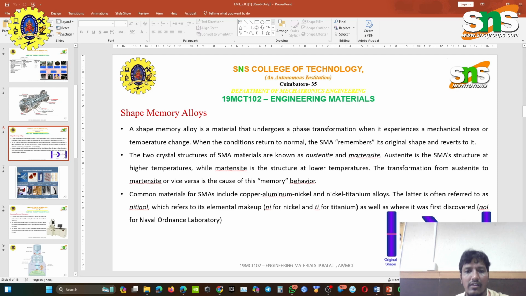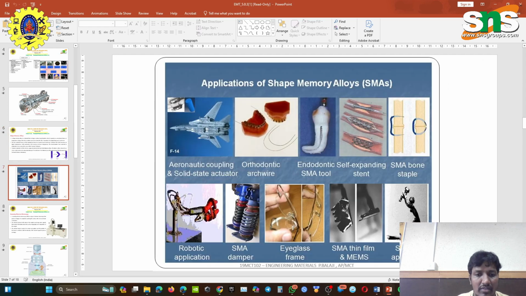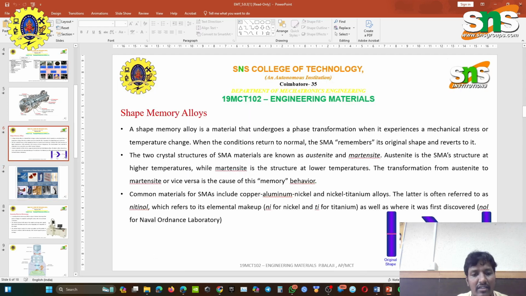Basically, you can see shape memory alloy in industry applications. The remarkable property known as the shape memory effect arises from a reversible phase transformation between two crystals: austenite, which is the high temperature phase, and martensite, which is the low temperature phase, as I already discussed. Some key mechanical properties: the alloy can undergo deformation and recover its original shape upon unloading, even at temperatures below the transformation temperature.